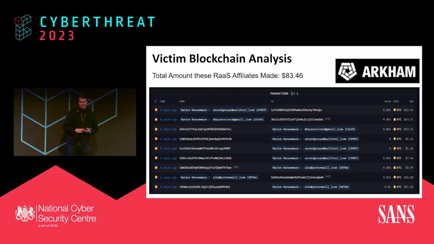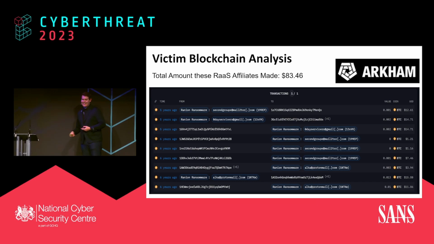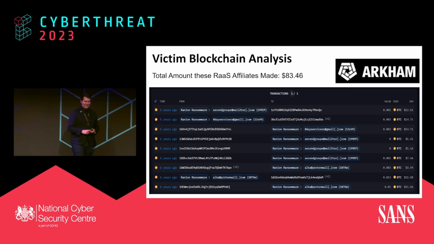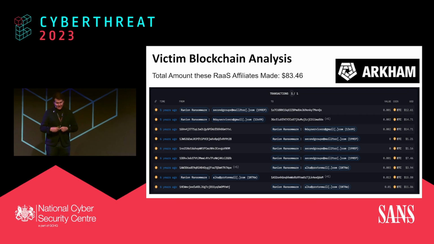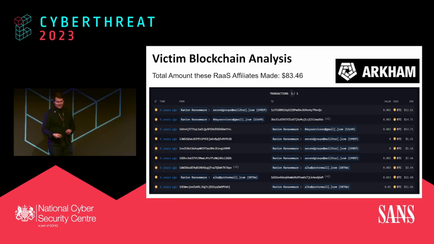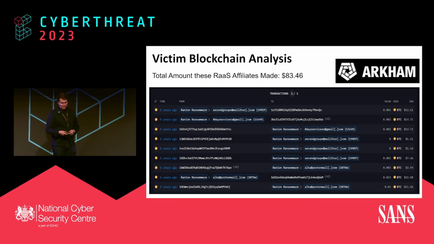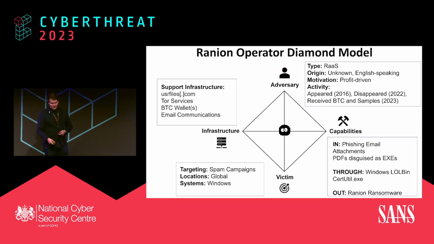And unfortunately for the threat actors, out of all of those addresses, they only made $80. So it's a risky game for not that much of a return. But yeah, it was kind of fun. It's a fun way to see both sides of it. You can see how much money the Ranion operator is getting, and how much the affiliates are getting, just by using Barcom, which is a free platform. Anyone can sign up and have a look as well.